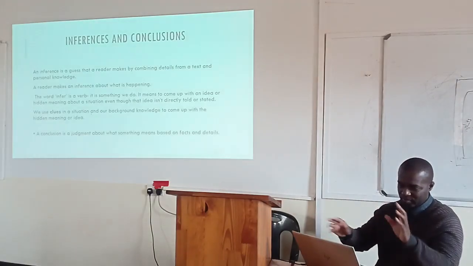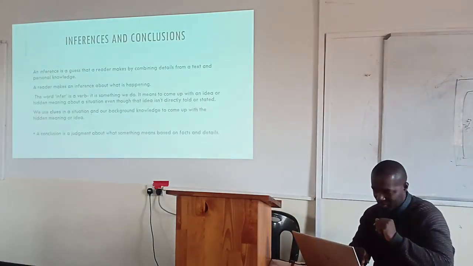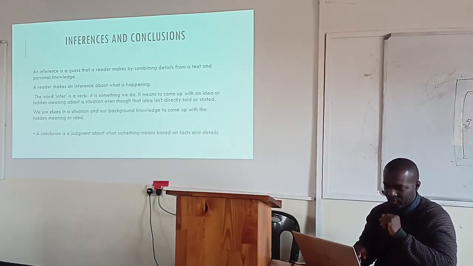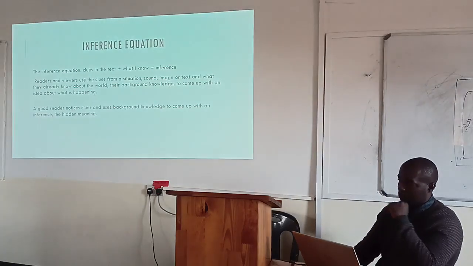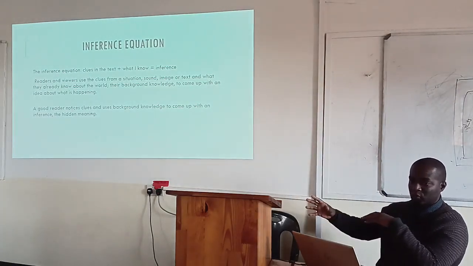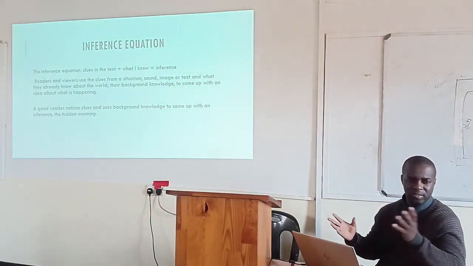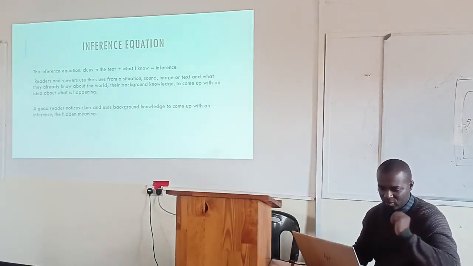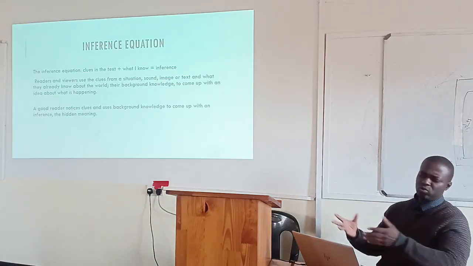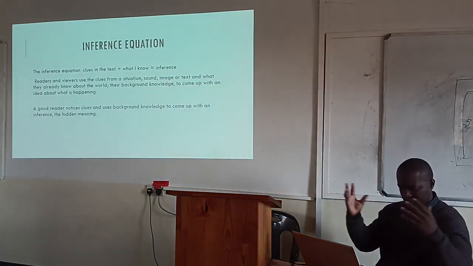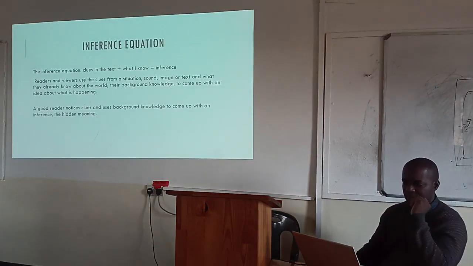So we'll link it up: as we are going to be reading, we are going to encounter such situations whereby we are not told directly what it is about. So to sum up, there's this inference equation.